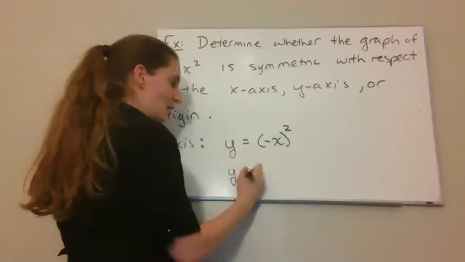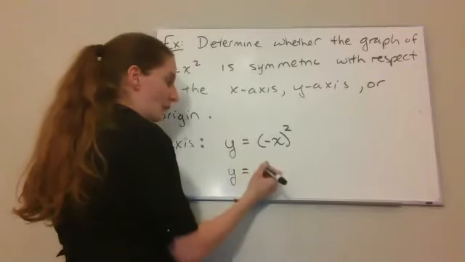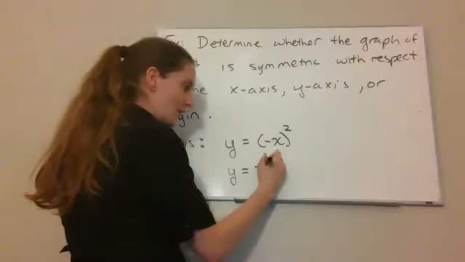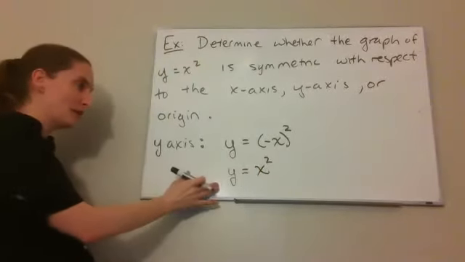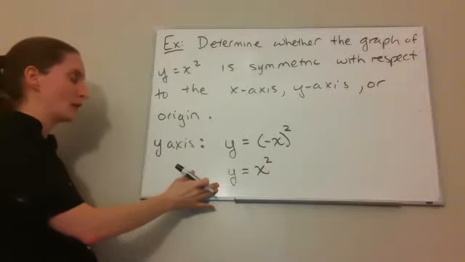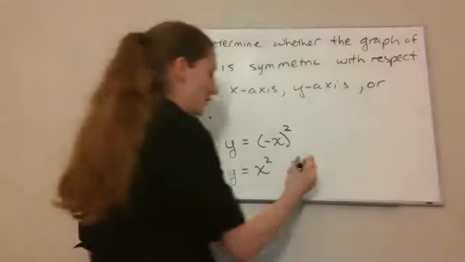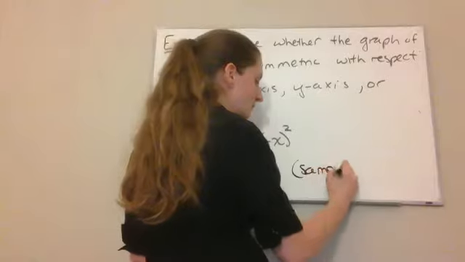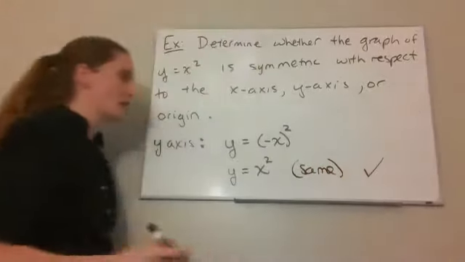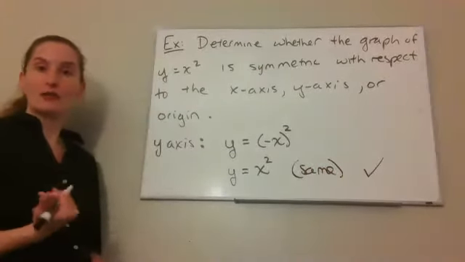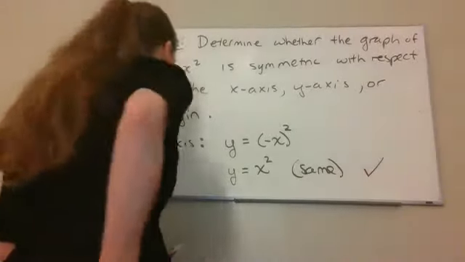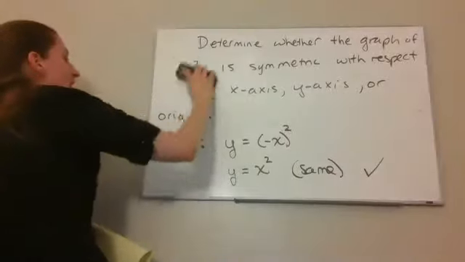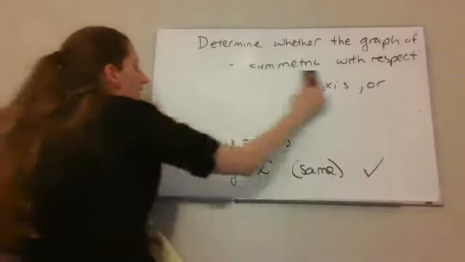Negative x times negative x is positive x squared, because a negative times a negative is positive. So when I simplify this, I get y equals x squared, which is my same exact equation as before. So I know that this equation is going to be symmetric with respect to the y-axis if I were to graph it.